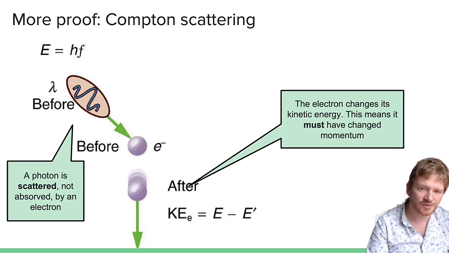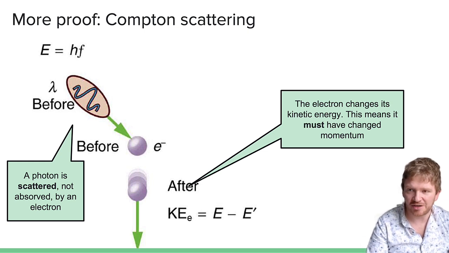If it's changed its kinetic energy, that means its velocity has to have changed. And if its velocity is changing, that means its momentum must have changed as well. So basically, in this interaction, somehow the momentum of these electrons is going up.